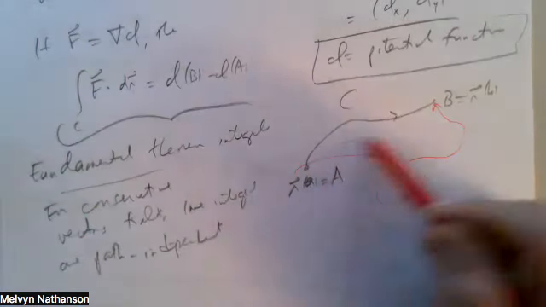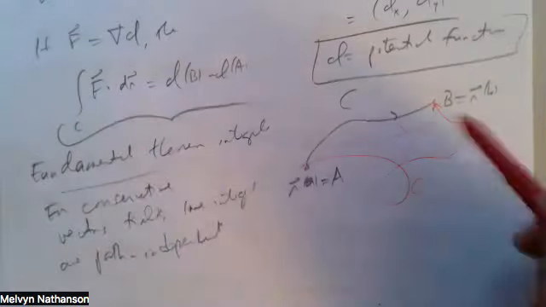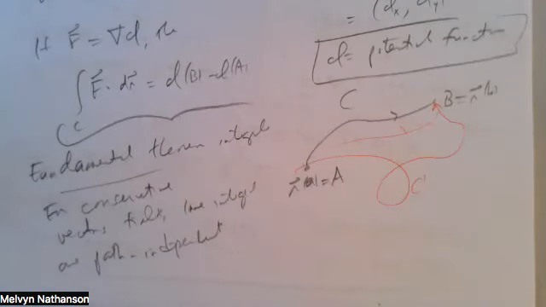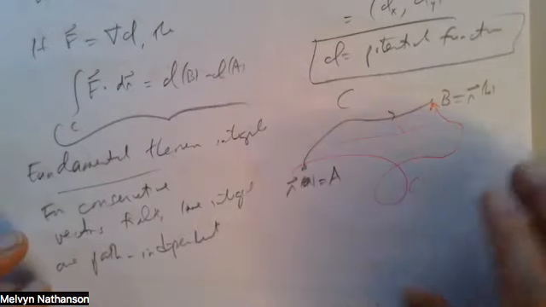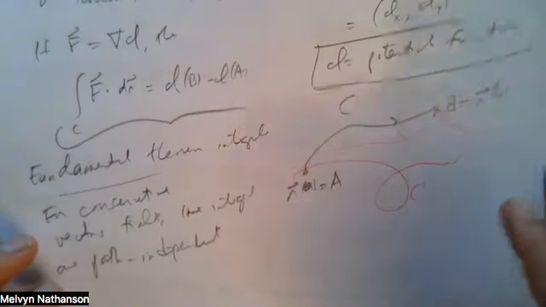So it doesn't depend on the path. On all of these paths for a conservative vector field, the line integral is the same. This is very similar to the fundamental theorem of calculus, but in two dimensions.